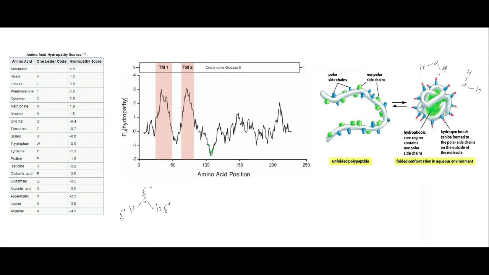So we can have our positive to negative or negative to positive hydrogen bonds. And the hydrophobic side chains are going to want to go towards the interior. And this is what's called the hydrophobic effect.